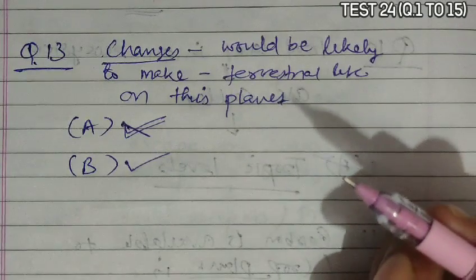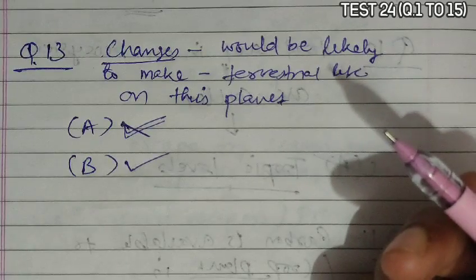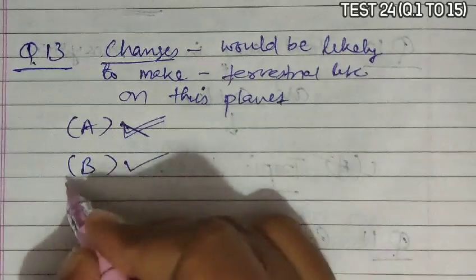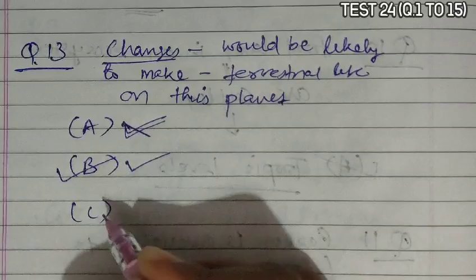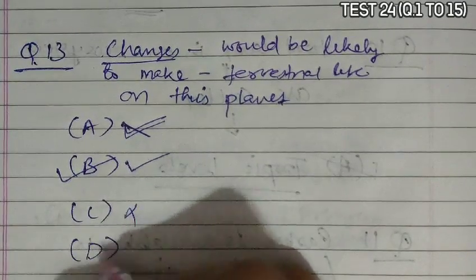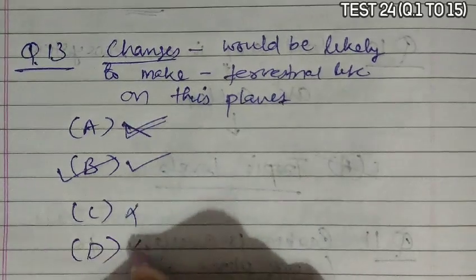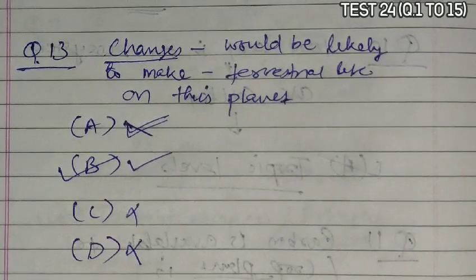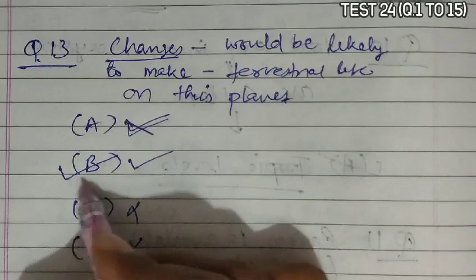So B can be possible. Option C, change in the orbit of the earth, it is not like that. And option D, disappearance of the moon. Moon is not related with the disappearance of terrestrial life. So B is the correct answer.